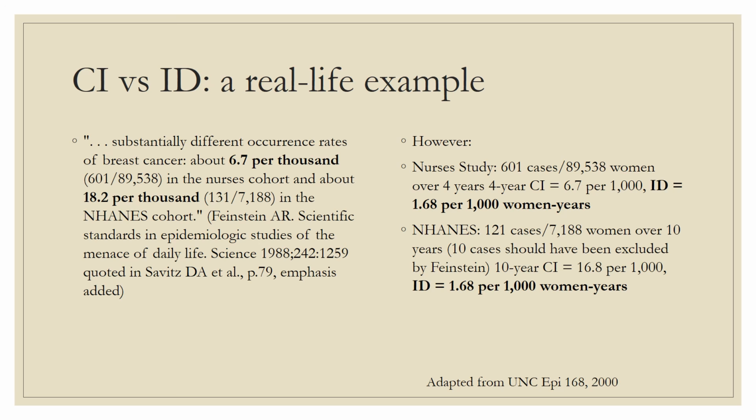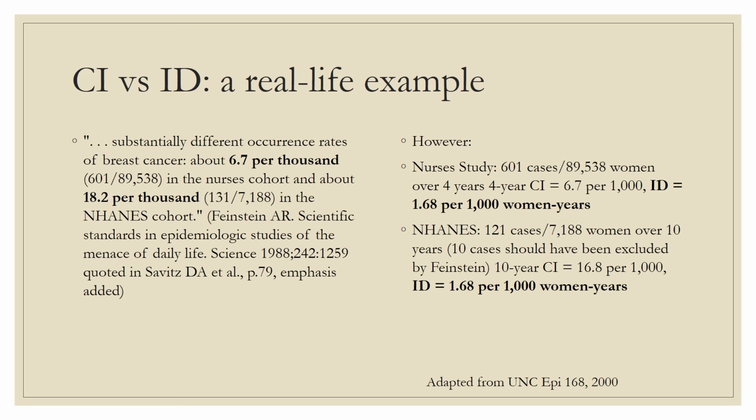In the Incidence study, they took 121 cases of breast cancer divided by just over 7,000 women who were followed for 10 years. And the cumulative incidence was 16.8. But when they calculated the incidence density, because remember they followed these women for 10 years, whereas the other study only followed them for 4, the incidence density was 1.68.